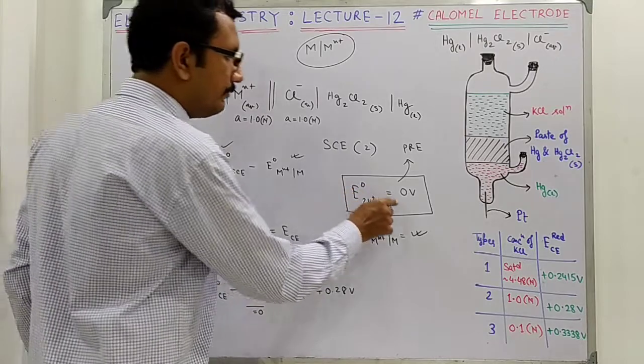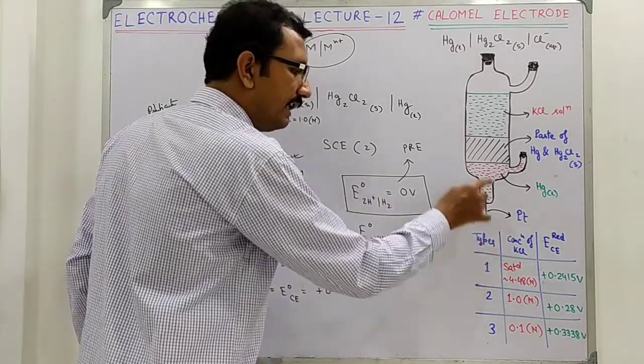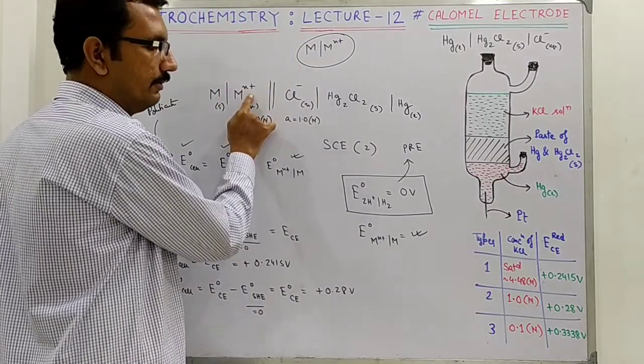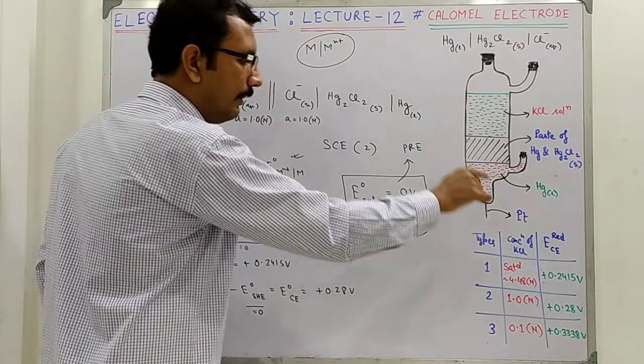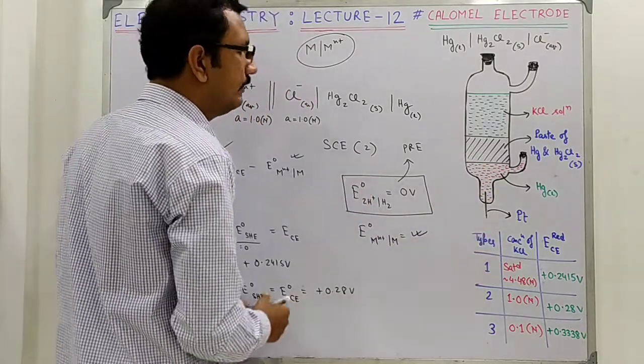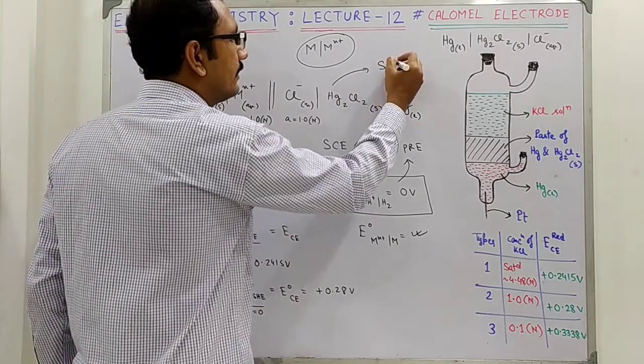but with the help of this one you are first getting the value of this Calomel electrode, then with the help of Calomel electrode you are getting the value of the unknown electrode. So, it is not primary, this Calomel electrode is referred to as the secondary reference electrode.